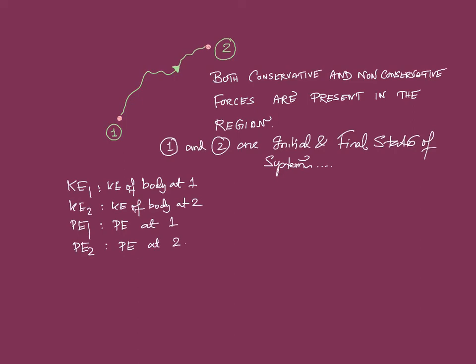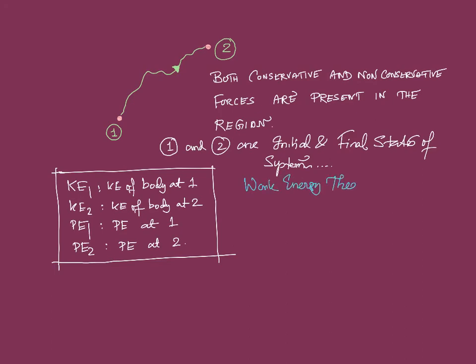Now we can use the work energy theorem, which is general and does not depend on whether the forces are conservative or non-conservative. It works for all. According to the work energy theorem, the work done by all forces from 1 to 2 is equal to kinetic energy at 2 minus kinetic energy at 1.